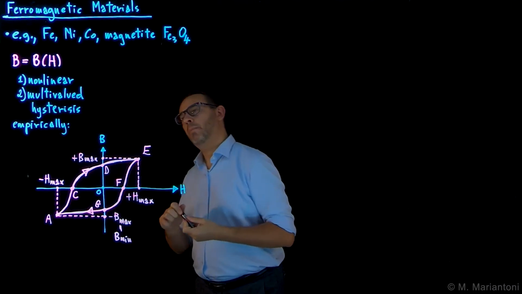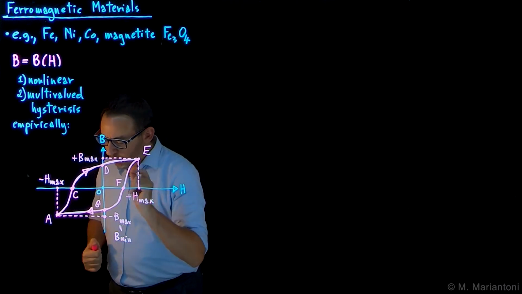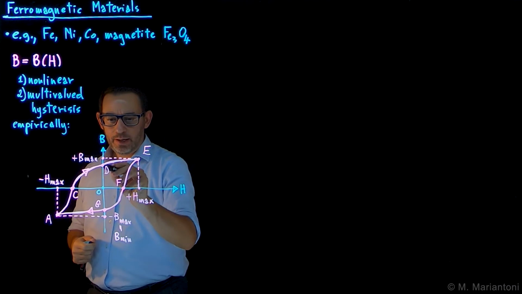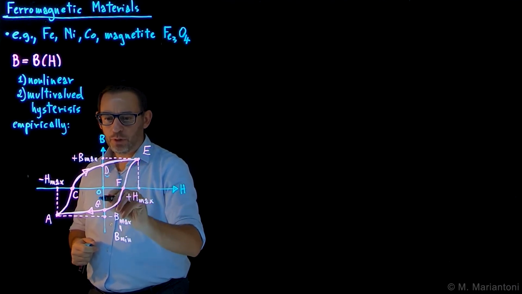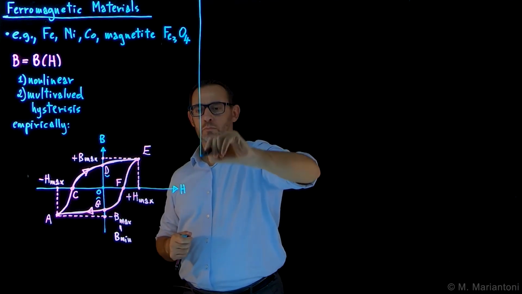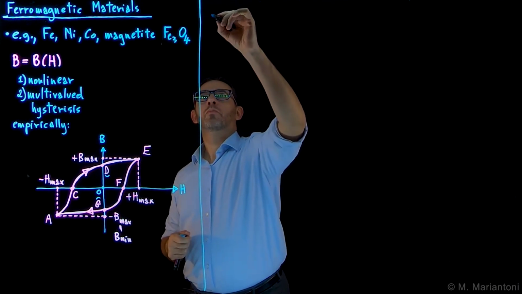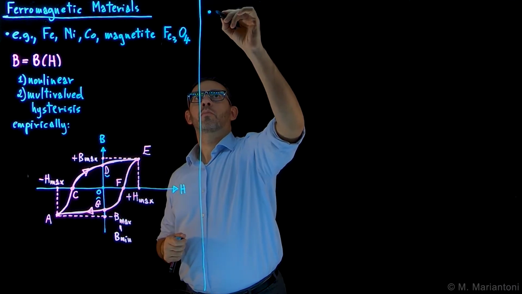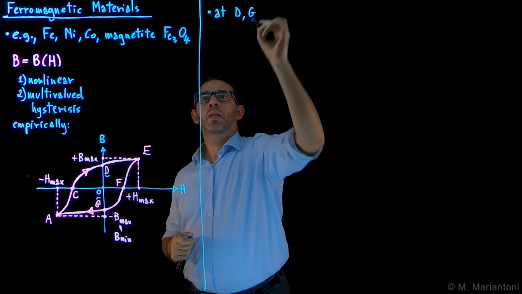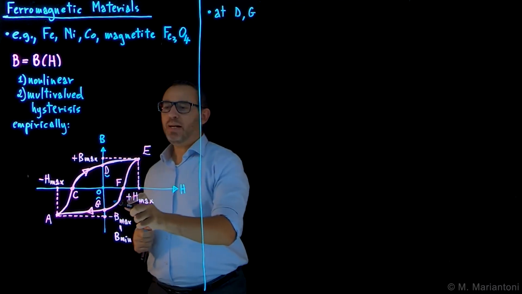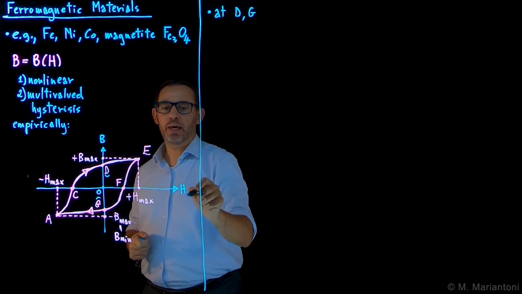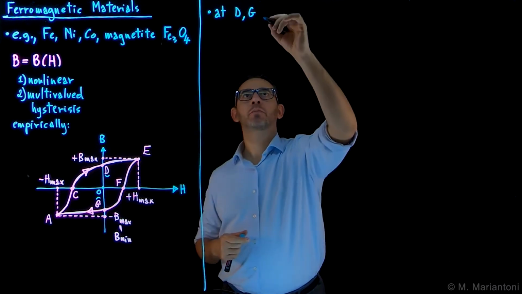Perfect. Okay. So now what is interesting is that at these two specific points, D and G, we have a phenomenon called permanent magnetization. In fact, there is a B field even in absence of an H field, which again corresponds to an absence of a current I_C.